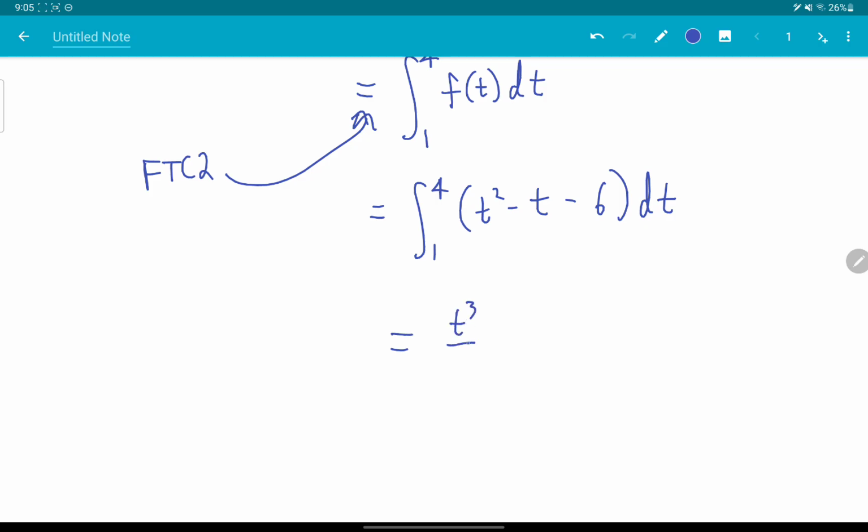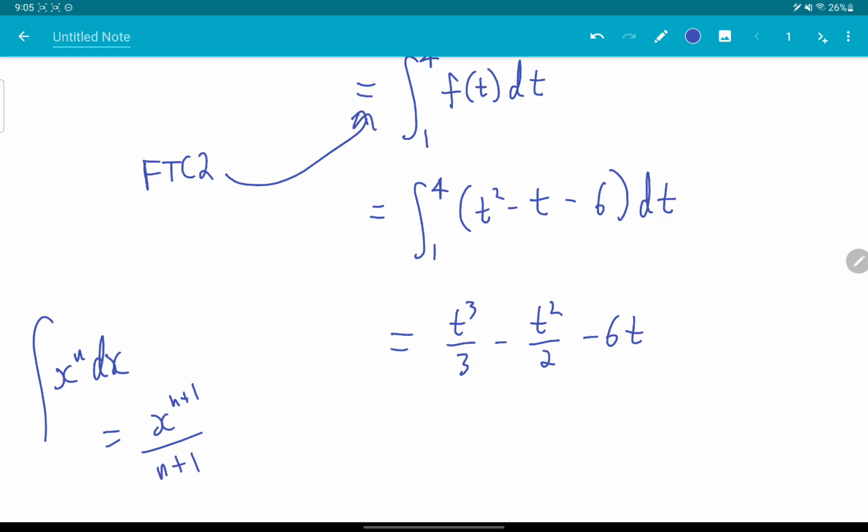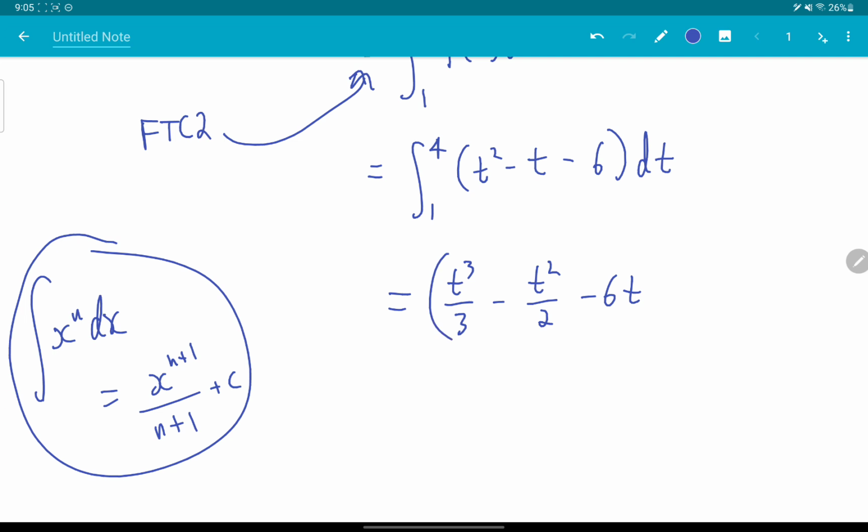So I get t cubed over 3 minus t squared over 2 minus 6t. So I'm using this formula over and over again.